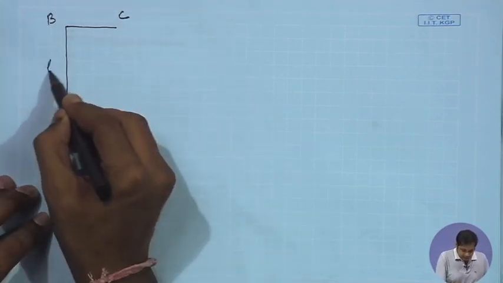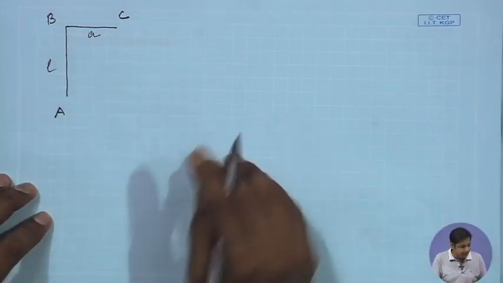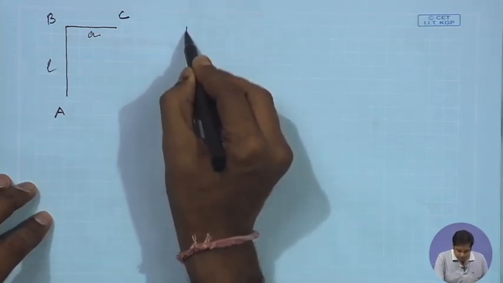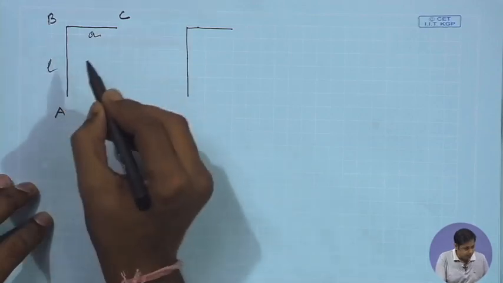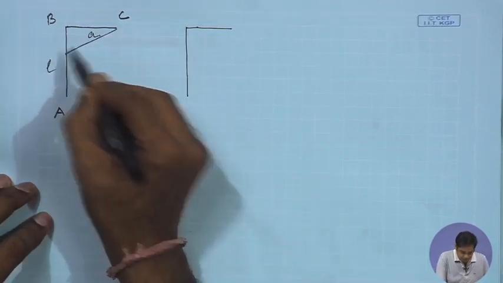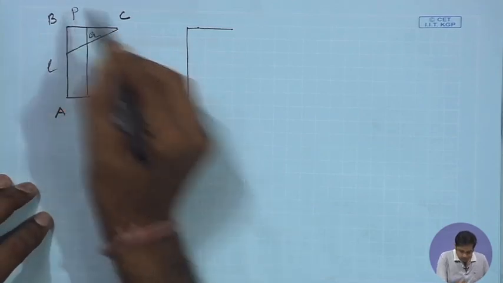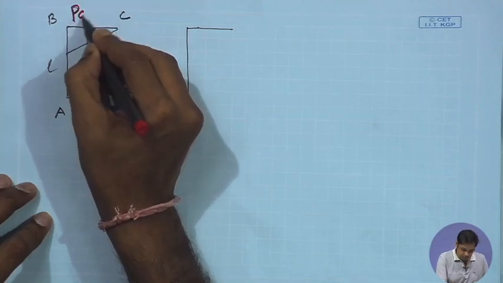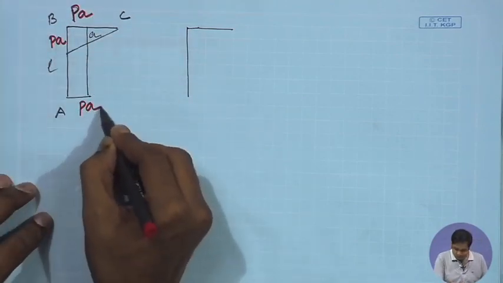So, this length is L, this length is A. And then delta AC will be, and for unit load, this is the bending moment diagram. For the actual load, this value is PA, this is PA, this is also PA.